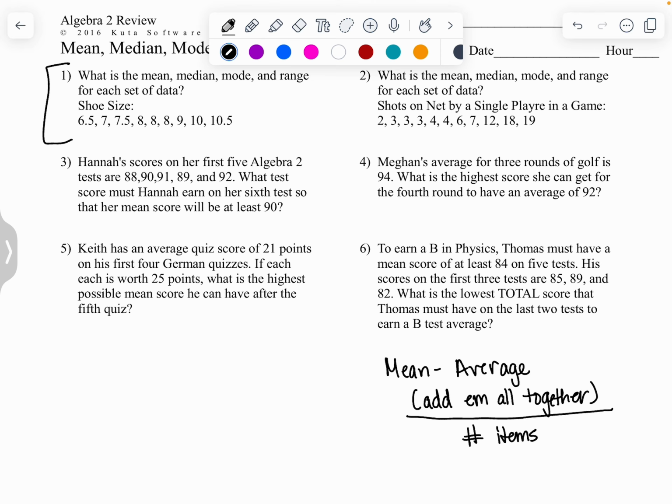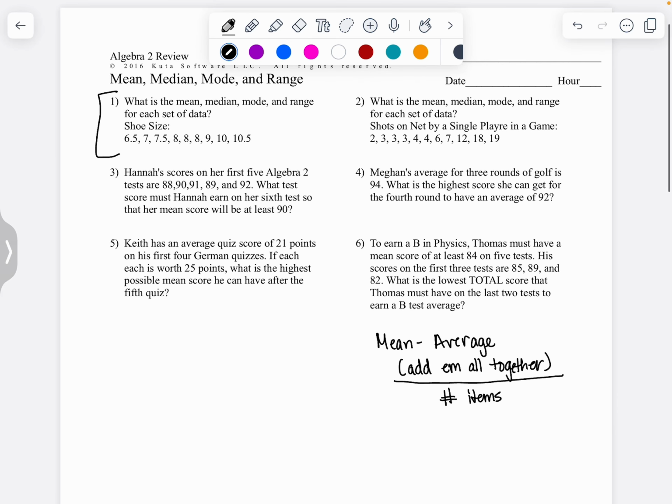That's what we're doing there with mean, okay? And then for median, we're looking for the middlest number. The very middle.